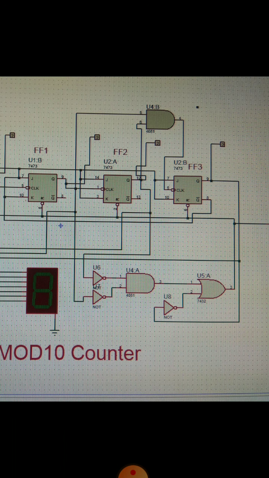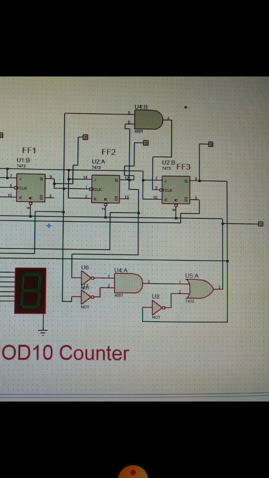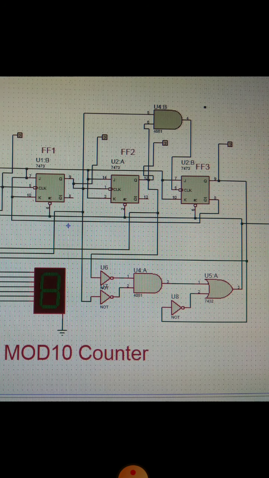You can clearly see the output taken from the OR gate is fed to the reset input. You can call it clear also. Reset or clear, this is the same thing.